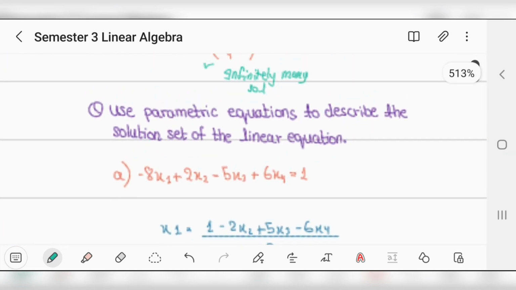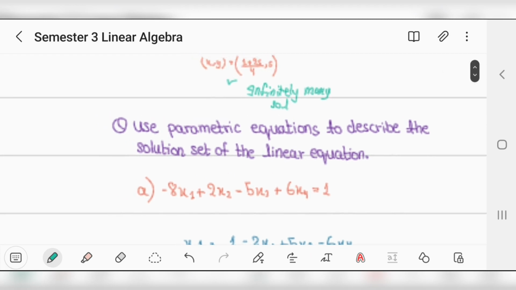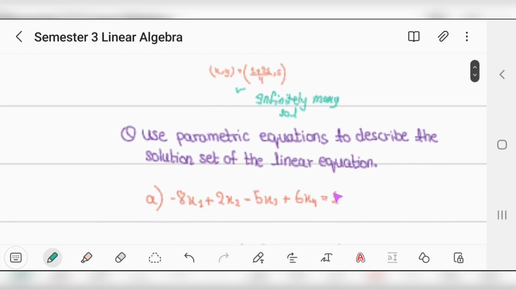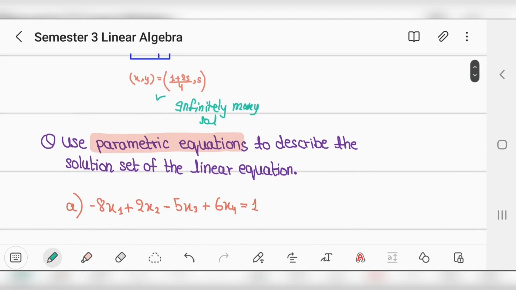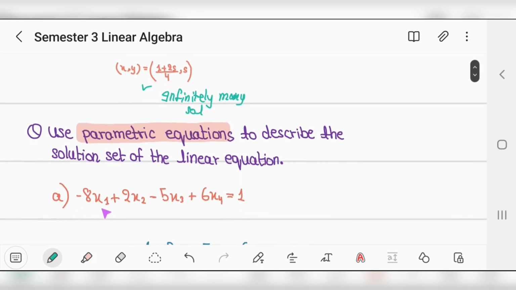Use parametric equations to describe the solution set of the linear equations. So we have this equation, and it has infinitely many solutions. We will try to make x the subject, and then we assign different variables to the others.